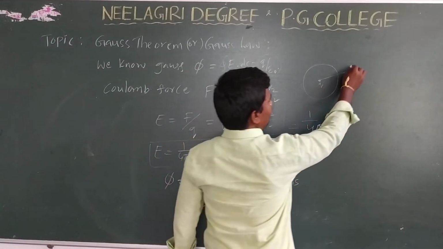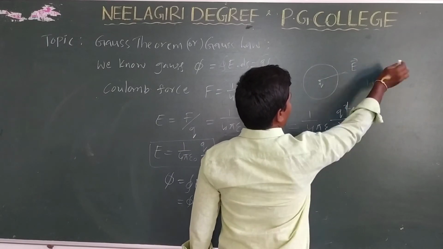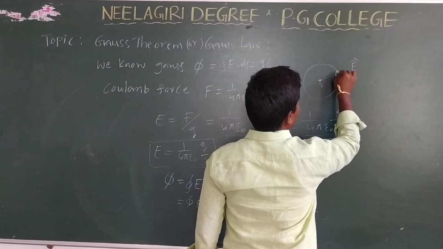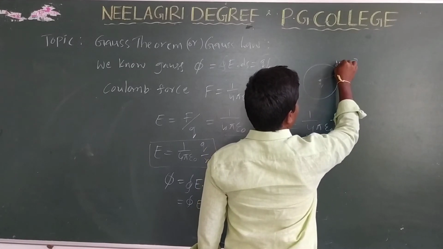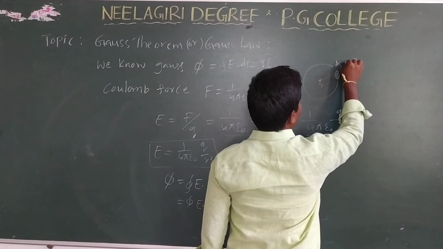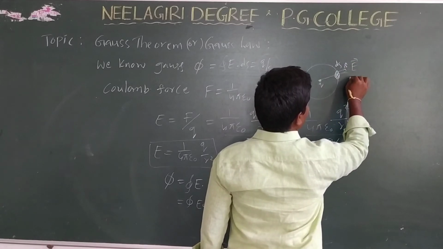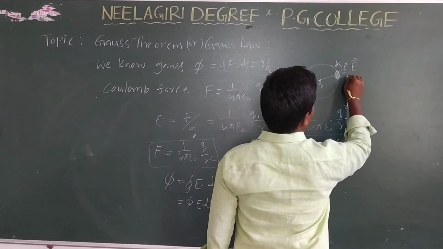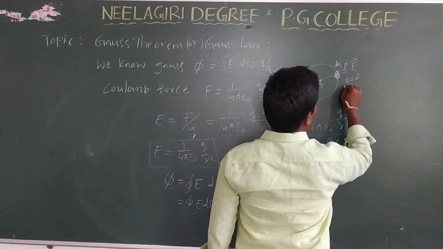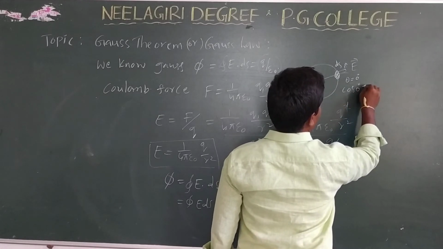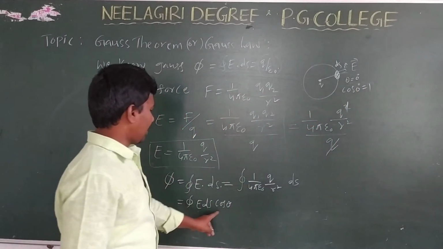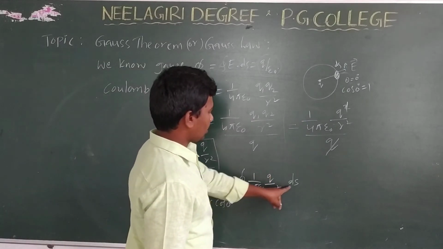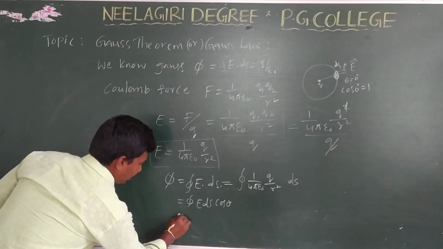See the diagram. The field is directed outside from the charged particle, and on a small surface ds the unit vector is also in the field direction. So both are parallel. The angle between n and E is equal to 0 degrees. We know that cos 0 is equal to 1. So we get 1 by 4 pi epsilon naught, Q by R square, ds. So we write the constant values outside.